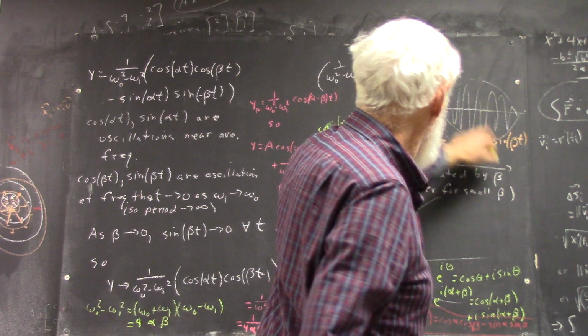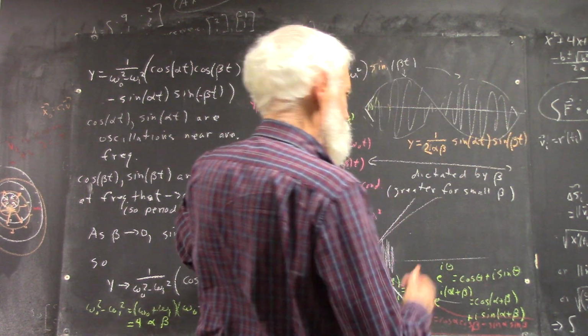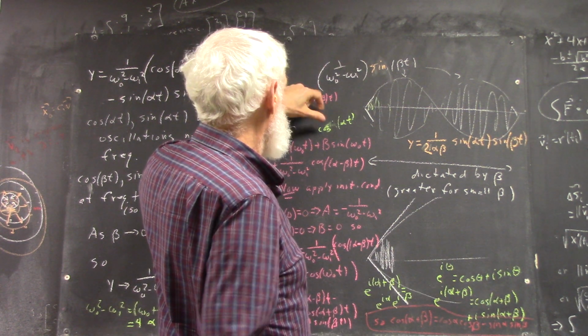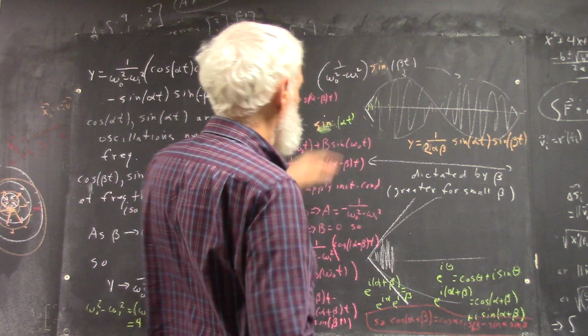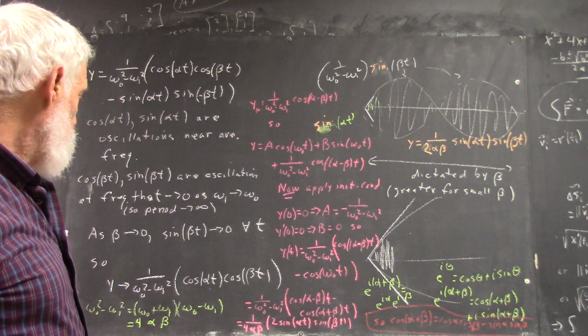Well, you have a sine of beta t, okay? That's the one with the long frequency, the long period, the low frequency, and a sine of alpha t. And now they're both sines and everything works out nicely.